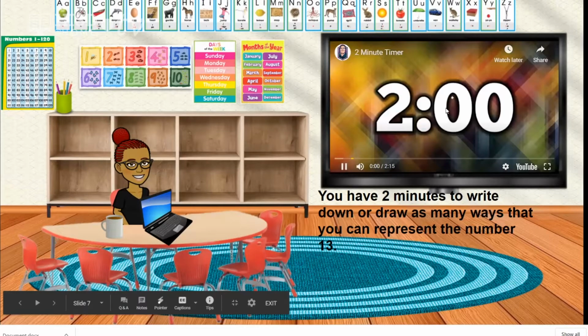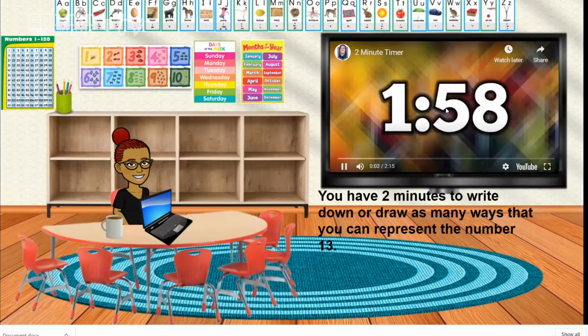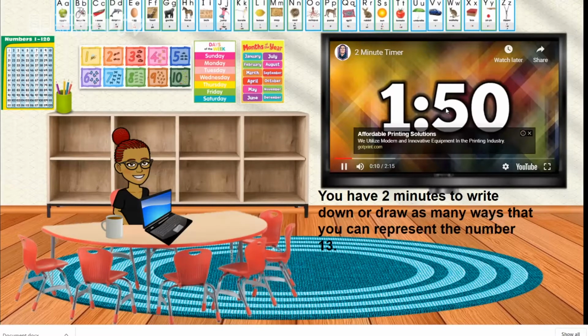Get writing, boys and girls. Remember, you can show me with money, symbols, place value blocks, create your own problem-solving story. Any way you can think of to represent the number 13.